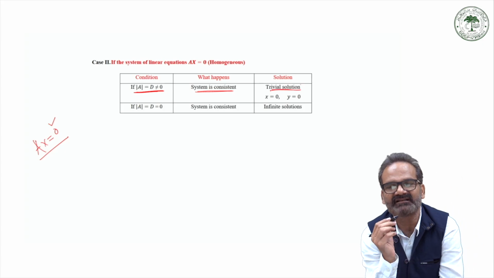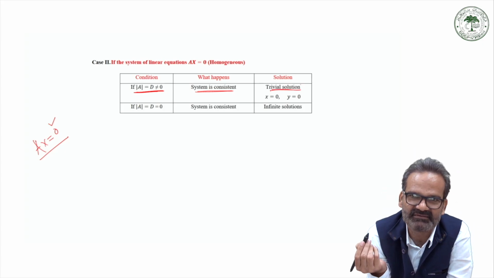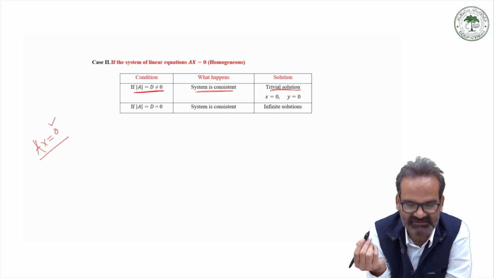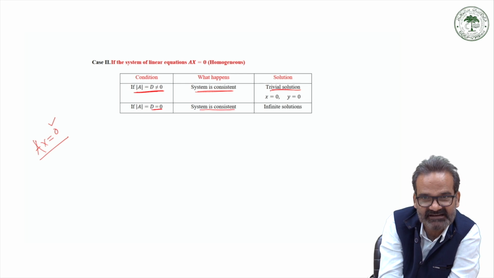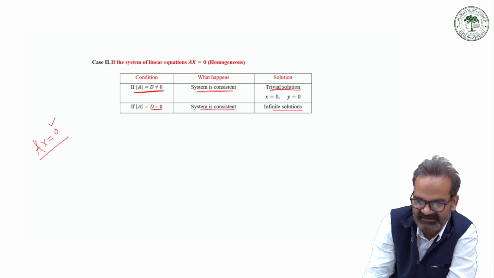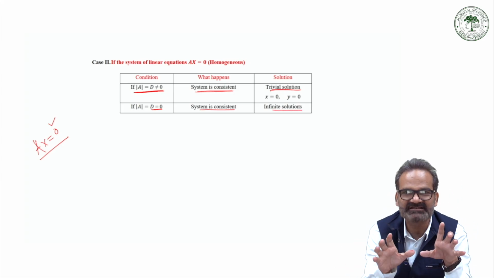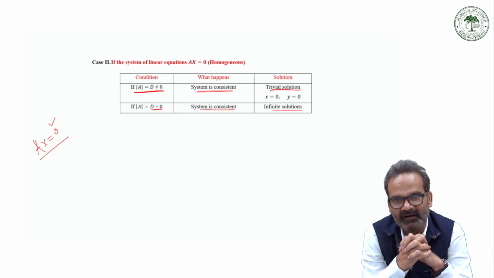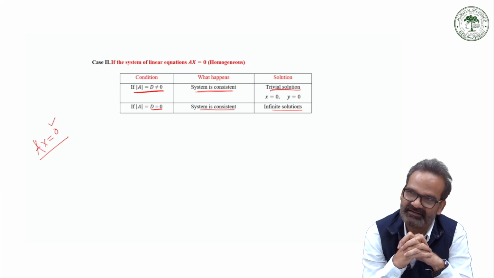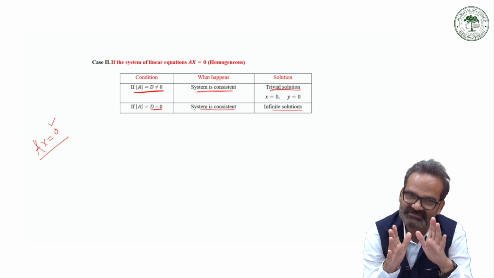Trivial solution means x equals 0, y equals 0; trivial means x and y both are 0. And if the determinant of A is equal to 0, then the system is consistent and it will have infinitely many solutions. So these are the two conditions which a homogeneous system of linear equations has. From these two characterizations, a homogeneous system of equations is always consistent.